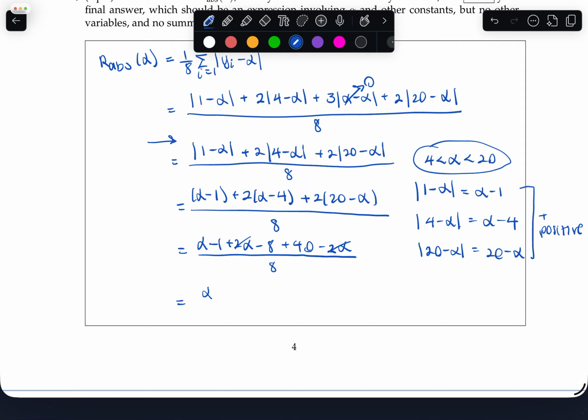We get alpha, and 40 minus 9 is 31. So alpha plus 31 over 8 is our answer. So this value is the minimum of the MAE function. We can rewrite this: let m represent the lowest possible value. So m is equal to R_abs of alpha, which is equal to alpha plus 31 over 8.